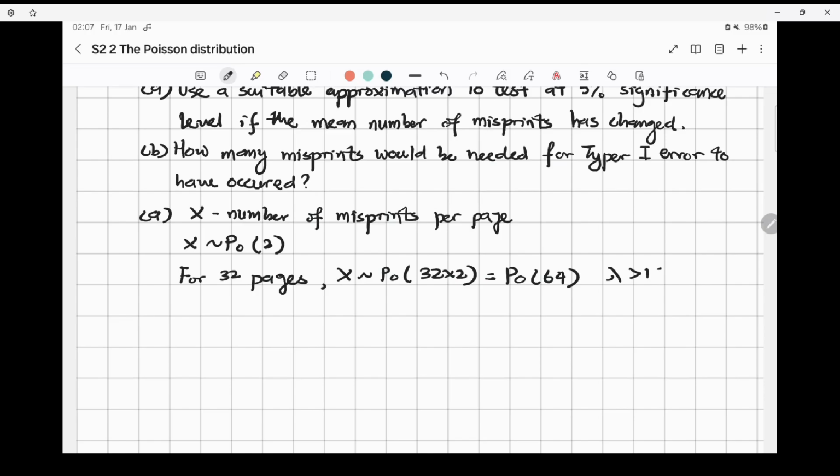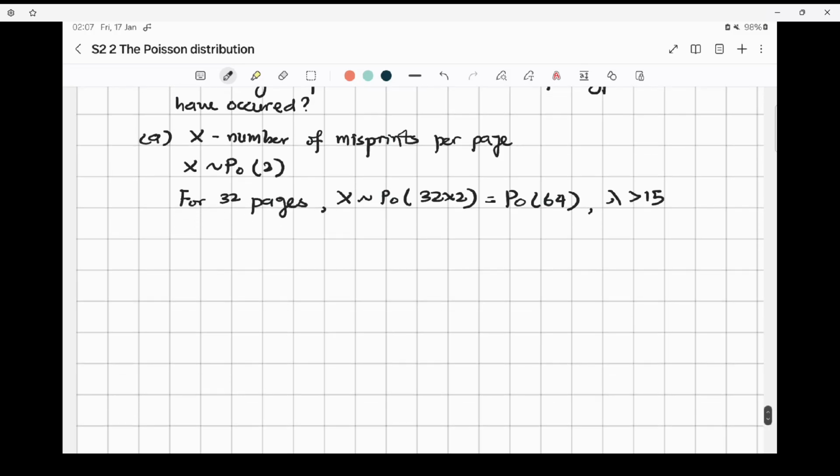So you can see that over here, lambda is greater than 15. So definitely you can use normal approximation, and you are required to use normal approximation. So the approximation would be this. So now you need to formulate your null hypothesis.